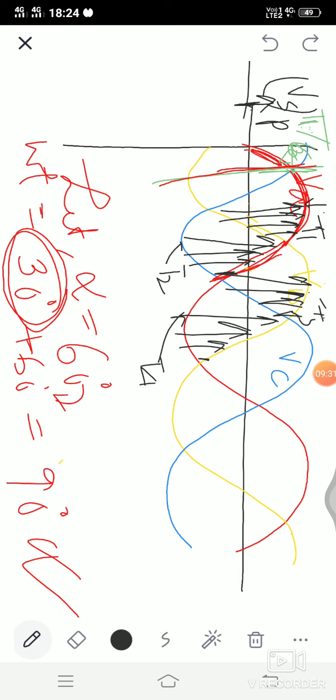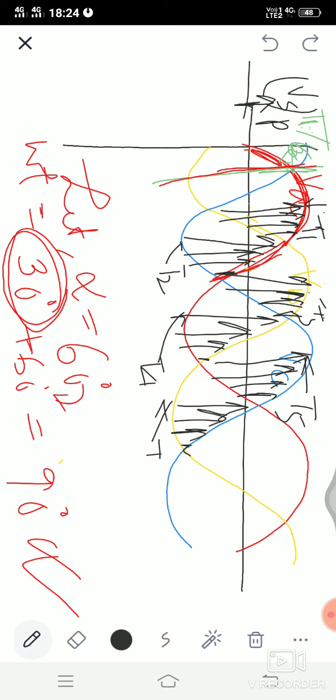Here T4 has started conducting. Here T5. Here T6. And again we have to extend it. So this side also you can give an extension. Before T1 it is T6, and before T6 it is T5. Okay, so this way one cycle is completed.